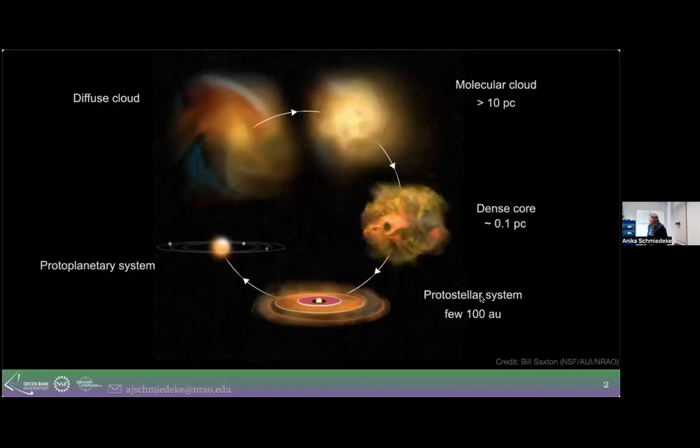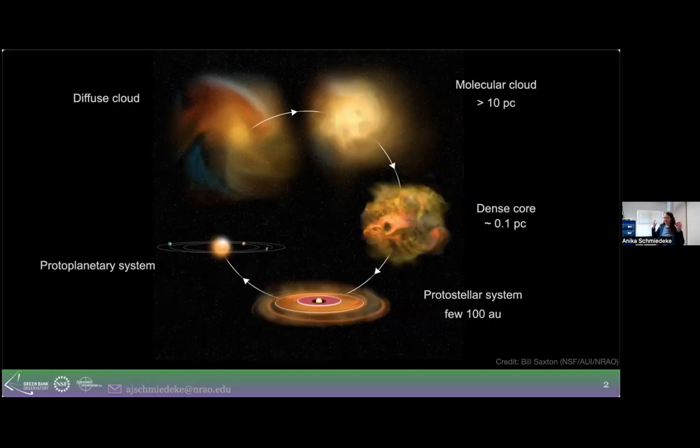Okay. So the process of star formation is a hierarchical process. In the classical picture, you have these large diffuse clouds within which you have the molecular clouds residing. These molecular clouds, in the top right corner of your screen, have sizes of 10 parsecs or larger. They collapse with time.